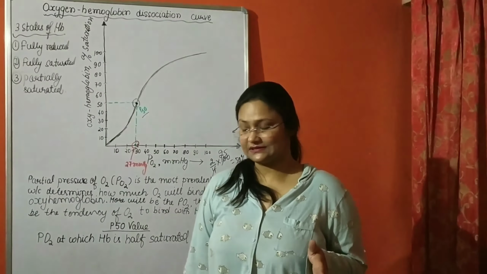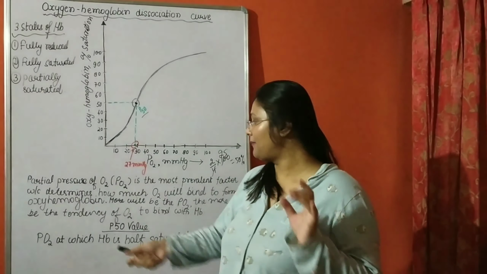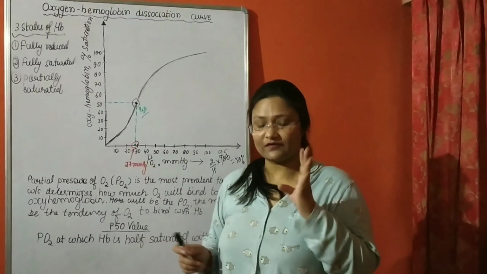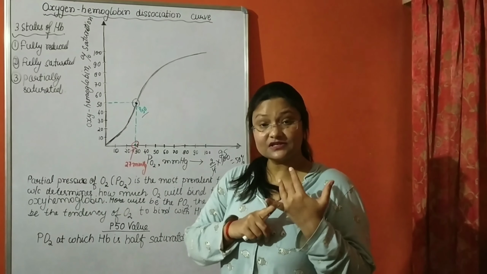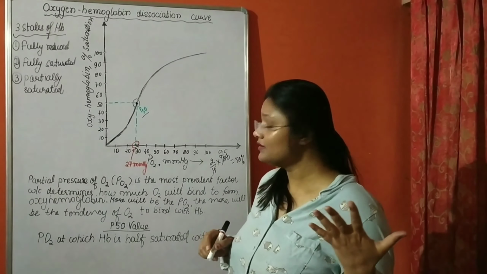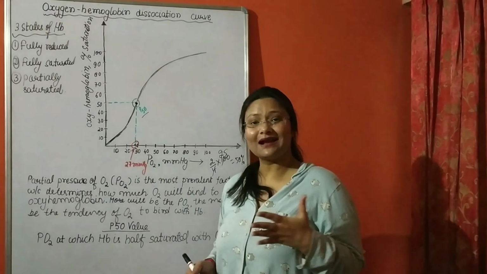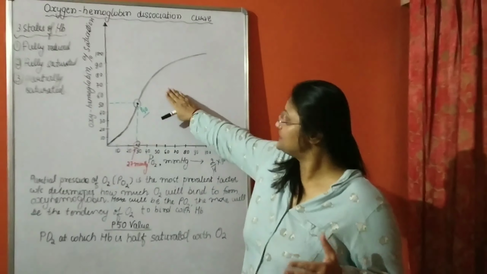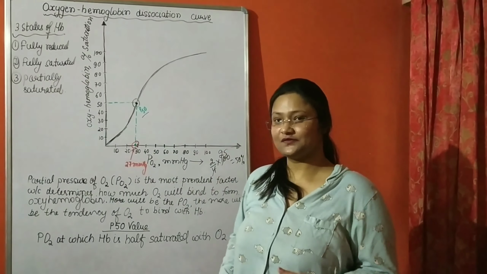That is how it is delivered to the tissues. Apart from PO2, there are 4 more factors: concentration of carbon dioxide, concentration of H plus ions, BPG, and others. Let us discuss those factors and how exactly they change this oxyhemoglobin curve in the body.